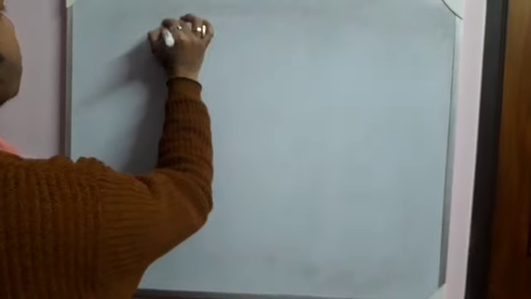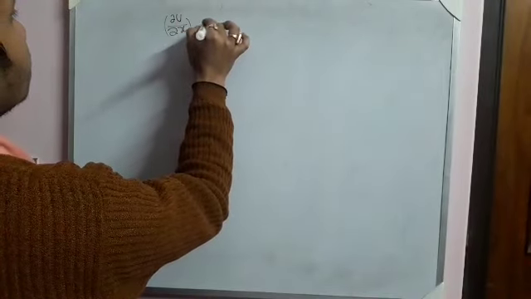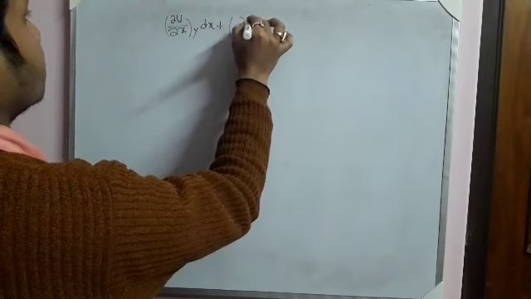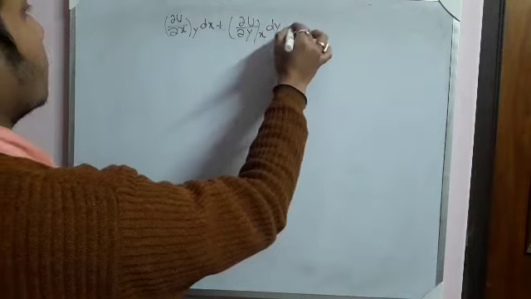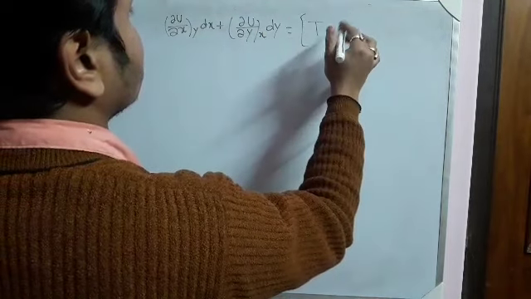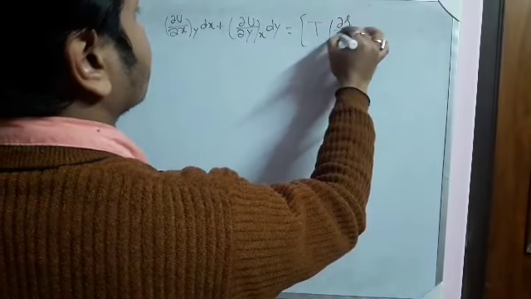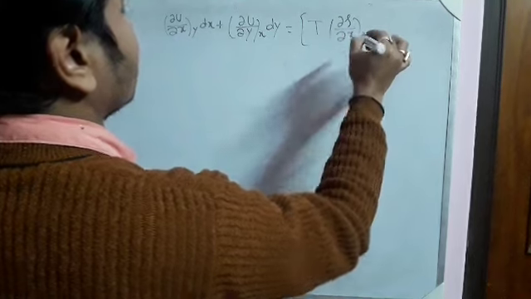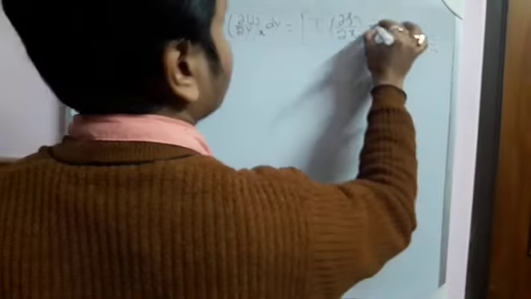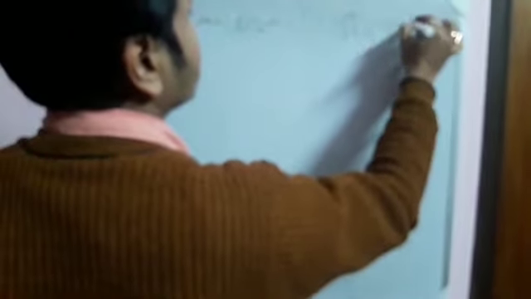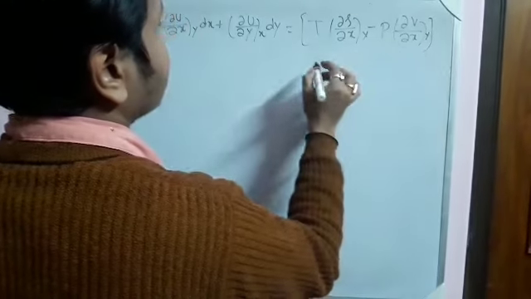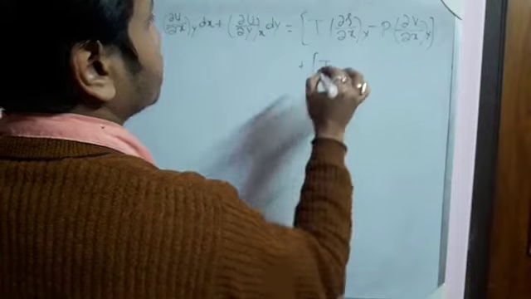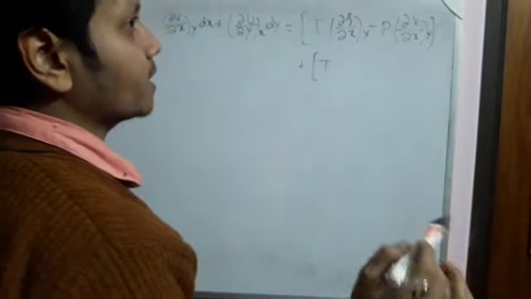We can write du, that is del u del x at constant y dx plus del u del y at constant x dy, equal to tds minus pdv.